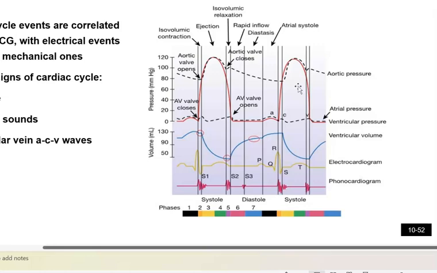So when we hear S1, and you look up here, we're hearing the AV valves close. And S2 correlates with the closure of the ventricular outflow valves, which are our aortic and pulmonary valves. So we hear mitral, tricuspid, then we hear aortic, pulmonary.